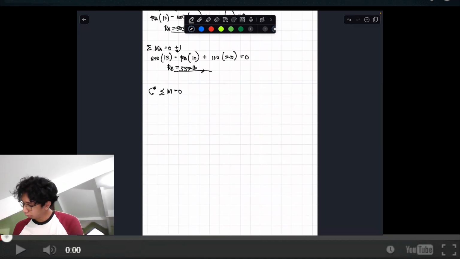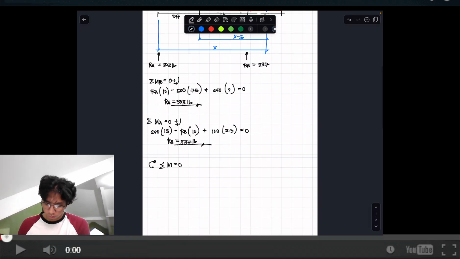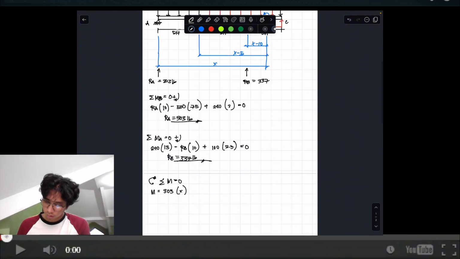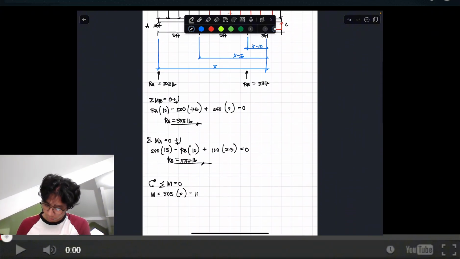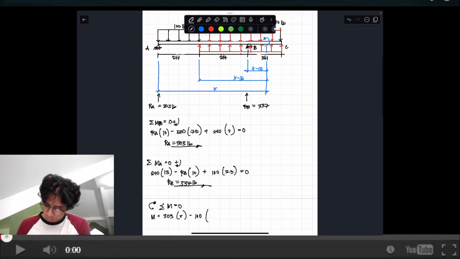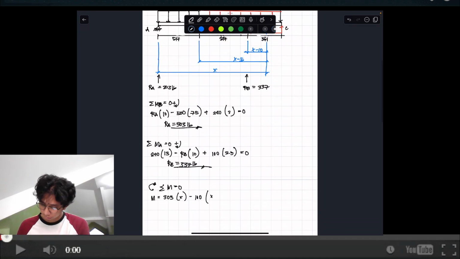And the next, our moment is RA, which is 303 pounds. It will be multiplied by X, and then minus 100, which is X minus 5, at ito ay ma-divide by 2. Kaya X minus 5 divided by 2.